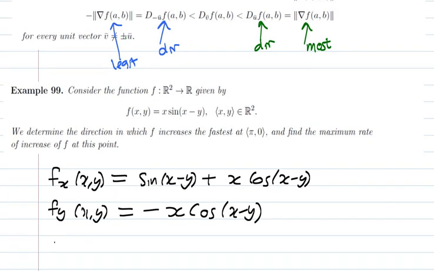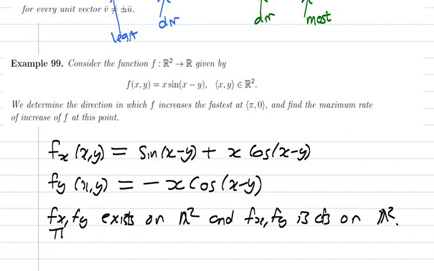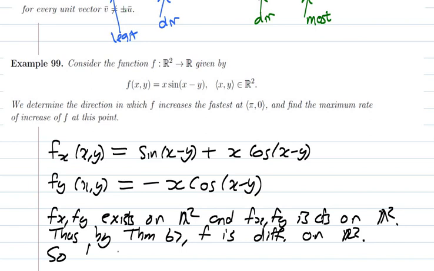Again, we have that f partial x and f partial y exist on R2 and are continuous on R2. Thus, by theorem 67, f is differentiable on R2, so f is differentiable at the point (pi, 0).